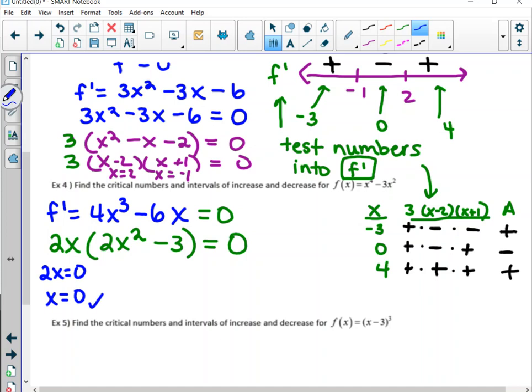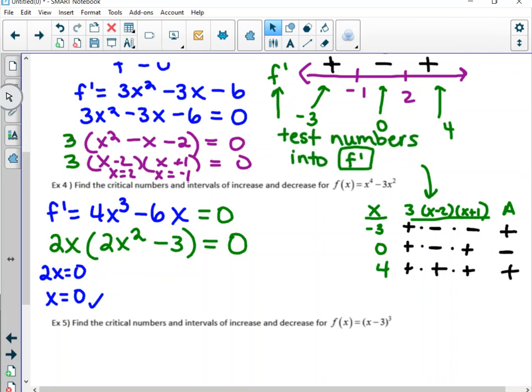How many critical numbers am I going to get? Let's look at this. This is a 4th degree polynomial. So chances are 3 turns, 3 critical numbers. My derivative is a degree 3. So 3 zeros, 3 x-intercepts most likely.